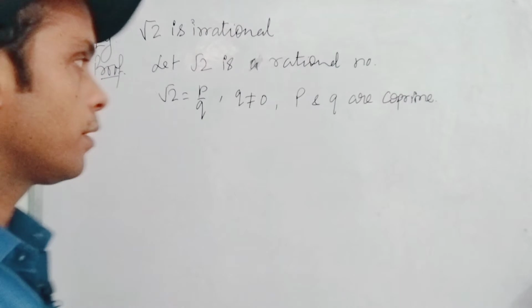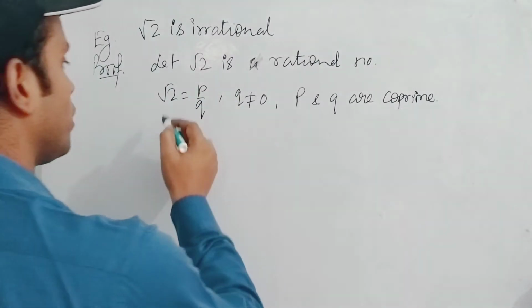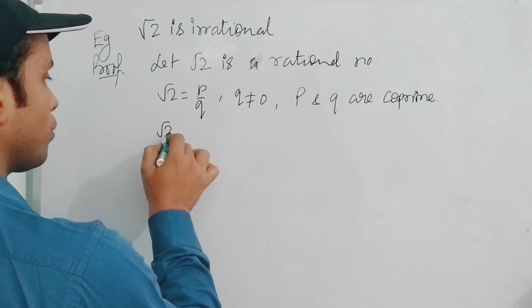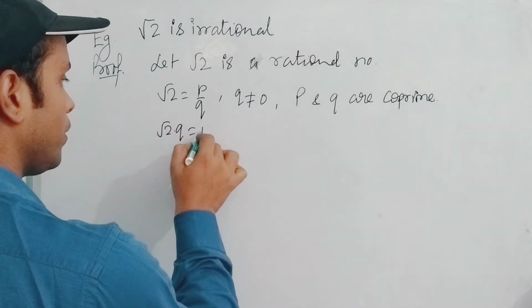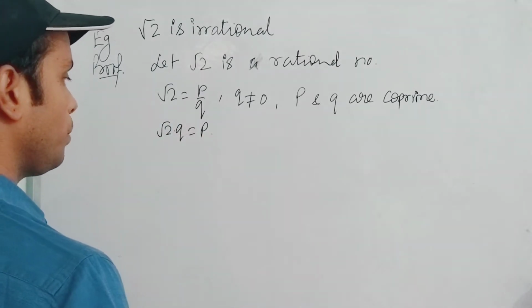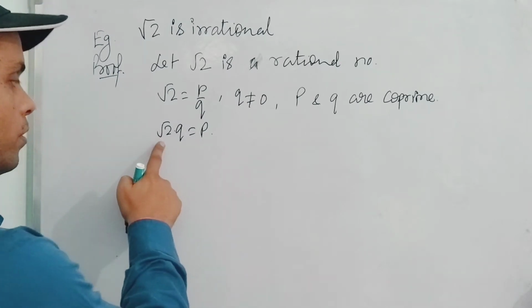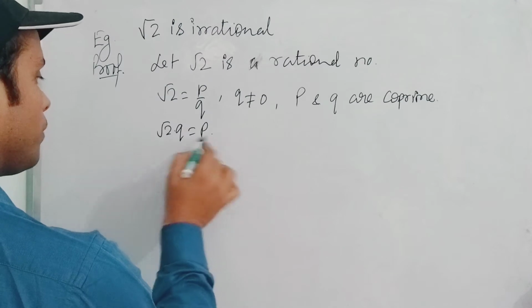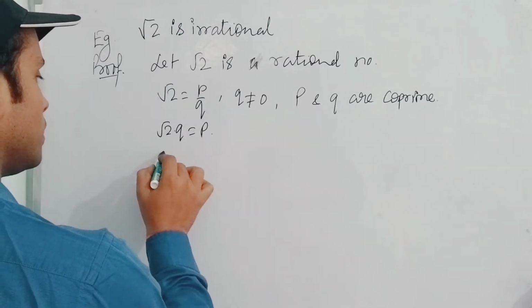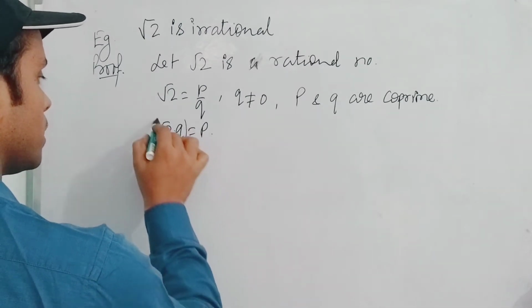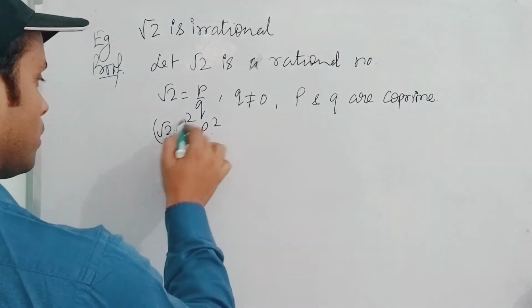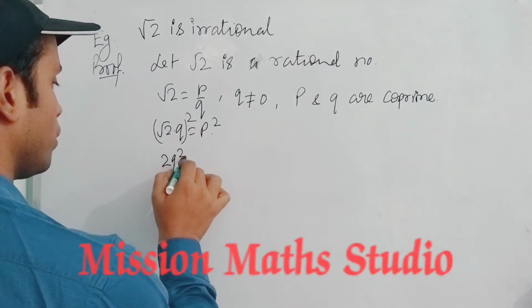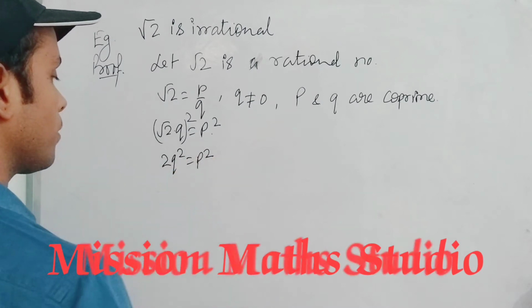So let's start. Look, p by q equals root 2. We can shift q here with root 2. Then we obtain root 2 q equals p. Now, for deleting the square root, we can square both sides. Then the square of root 2 q is 2 into q square equals p square.